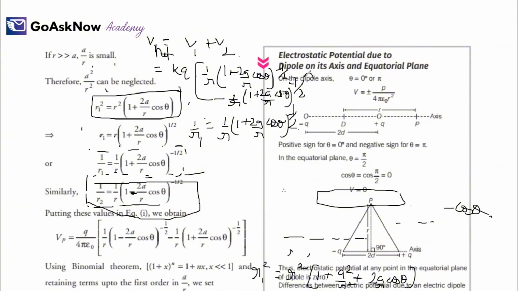I hope you got why it is coming like this, because we have substituted the values of r1 and r2 only.